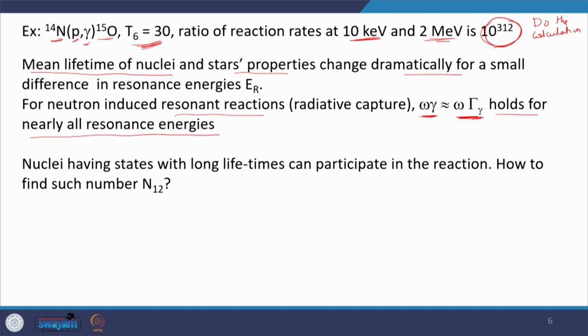Now, the interesting question which I am posing here is: nuclei having states with long lifetimes can take part in the reaction. I am talking about the metastable states, or sometimes isomers, that means states with a longer lifetime. You might have been taught the concept of lasers, where you get the idea of these metastable states where the levels have longer lifetimes. In stars, when nuclear reactions are happening, sometimes the compound nucleus excited state may possess a longer lifetime.